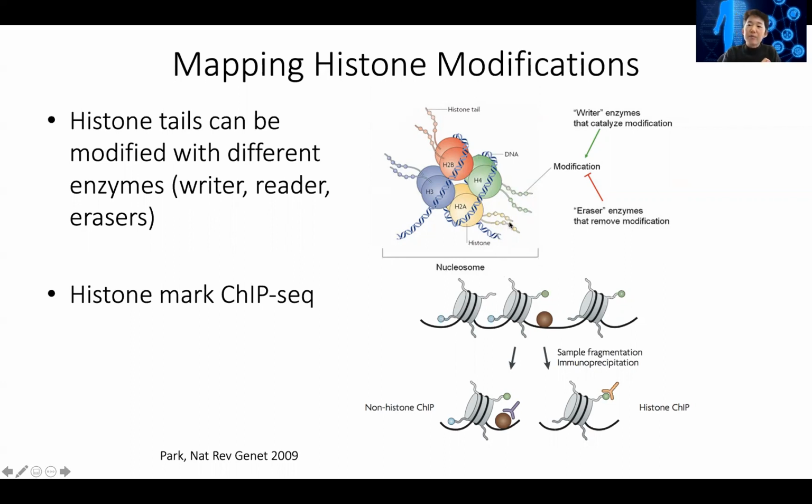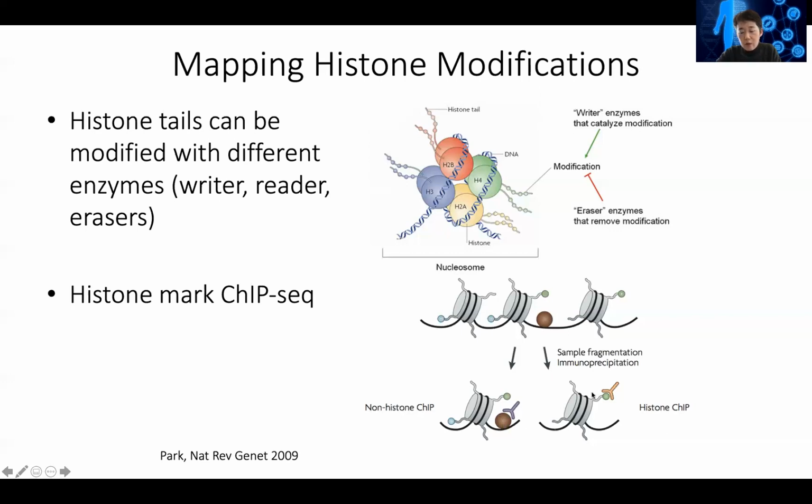Based on the different modifications, you can also specifically enrich for locations in the genome that have the histone modification, and this can be done with ChIP-seq. Remember in ChIP-seq, we fragment the chromatin into, say, a couple hundred base pair fragments. Normally for transcription factor binding, you just use an antibody against the transcription factor.